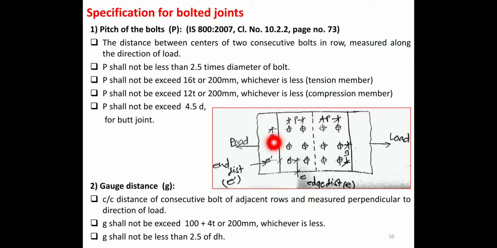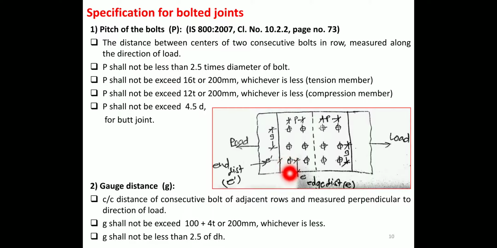The distance from this plate up to the end, in the longitudinal direction, is known as end distance, like this. So end distance as well as edge distance are treated the same.